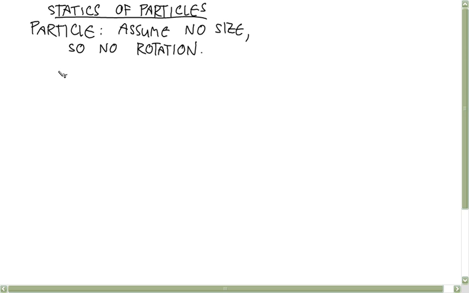Because for the most part, you just care about where the center of the baseball ends up. You don't care, when it hits the bleachers, whether the seams are up or seams are down, right? That's irrelevant to you. But if you're going to do calculations that have to do with the effect of rotation on lift and drag, then you have to treat it as a rigid body.